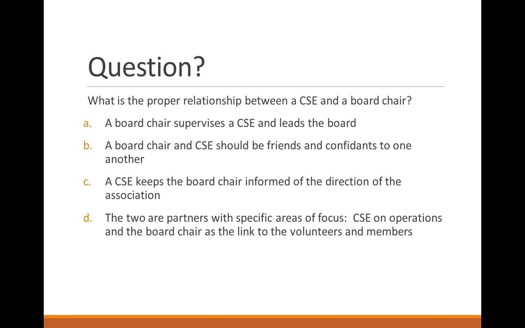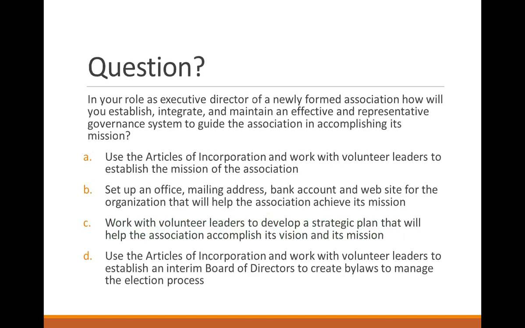Looks like we're getting a lot of responses for D. The two are partners with specific areas of focus, CSE on operations, and the board chair is the link to the volunteers and members. And that is the correct answer. Good job.